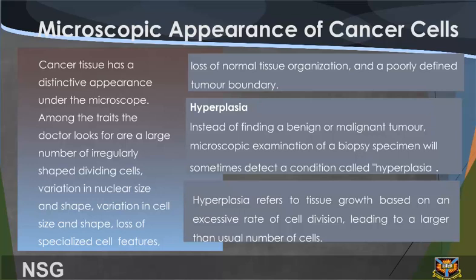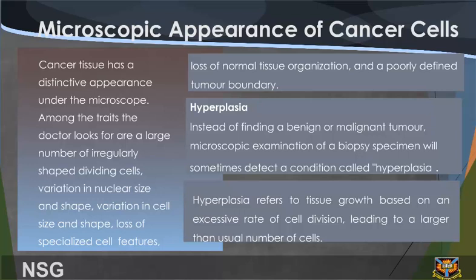Among the traits, the doctor looks for a large number of irregularly shaped dividing cells, variation in nuclear size and shape, variation in cell size and shape, loss of specialized cell features, loss of normal tissue organization, and a poorly defined tumor boundary.